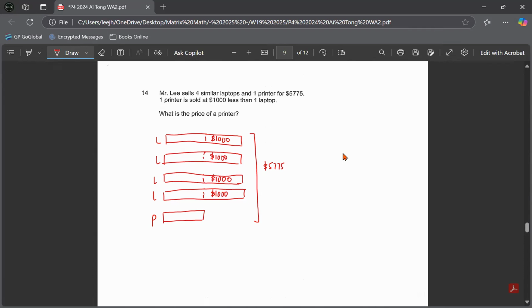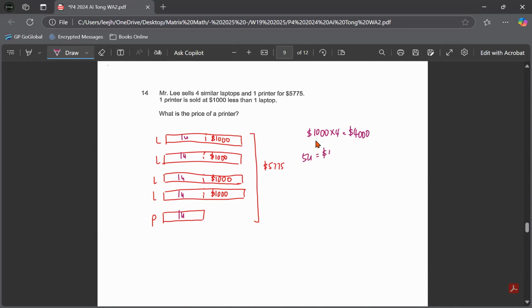So we need to take away all this to find the value of 1, 2, 3, 4, 5 equal units. So how do we do it? We multiply all these differences, put these differences together. So 1,000 times 4. I'm removing $4,000 from the total to get the value of 5 equal units.